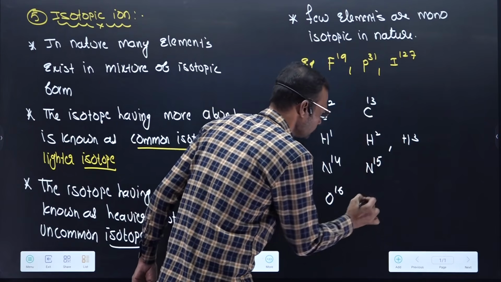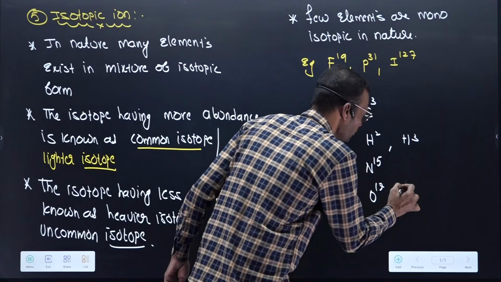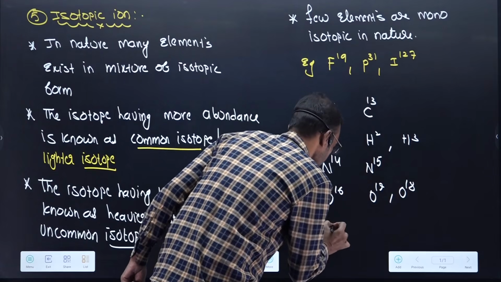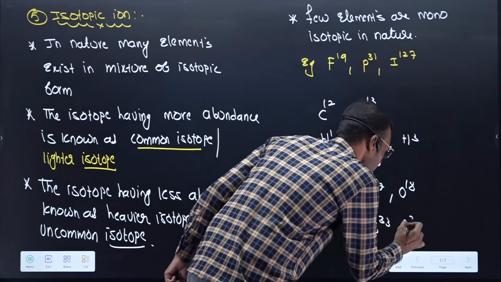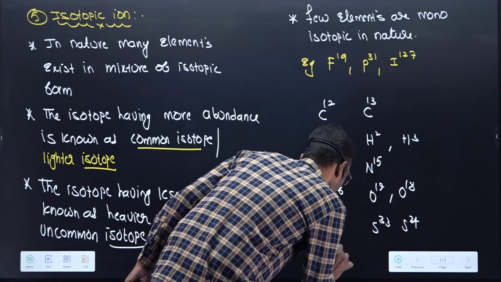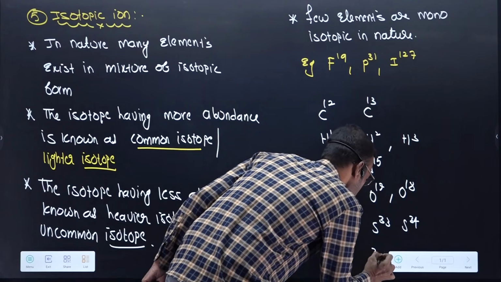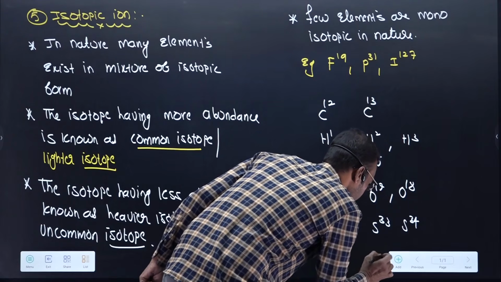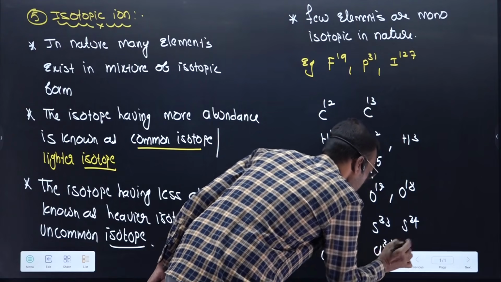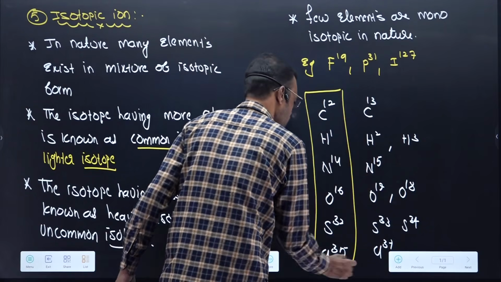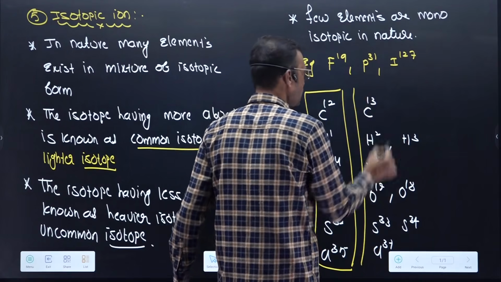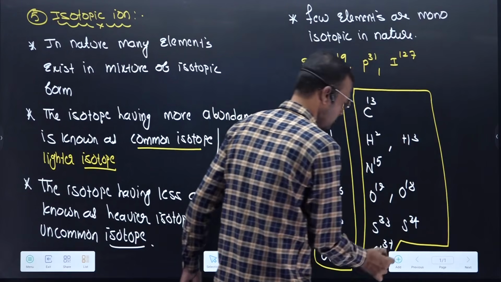Oxygen 16; oxygen also exists as 17 and 18. Sulfur 32, then 33, 34. Chlorine 35; chlorine also exists as 37. So these are the lighter isotopes and these are the heavier isotopes of the corresponding elements.